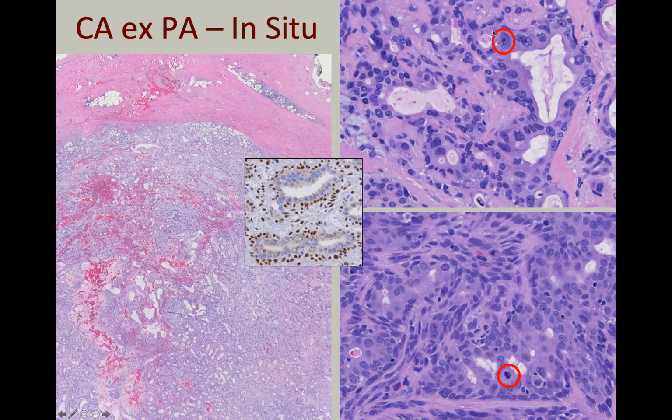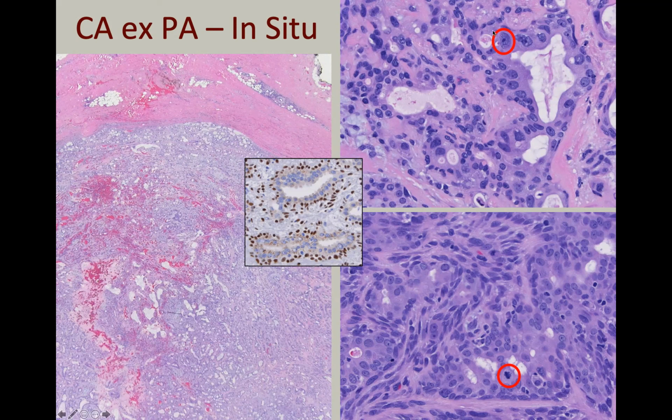If left in the patient, this would eventually transform to an invasive cancer. In this case, it was caught in situ. You can see here evidence of the myoepithelial cells on P63 immunostains surrounding these atypical epithelial cells. So this is in situ.